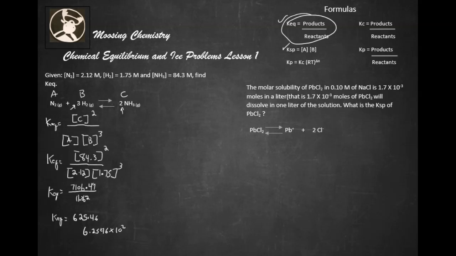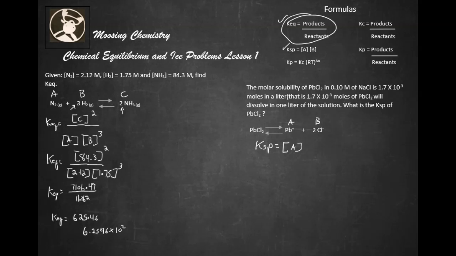All right, so we have our balanced equation in front of us. So we're going to write this, and now remember Ksp is going to equal our Pb, and we're going to call this A, and we're going to call this B, just to start it off.